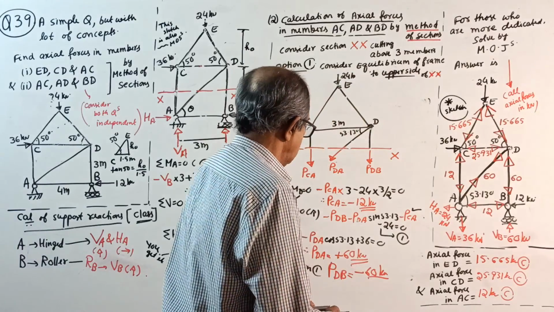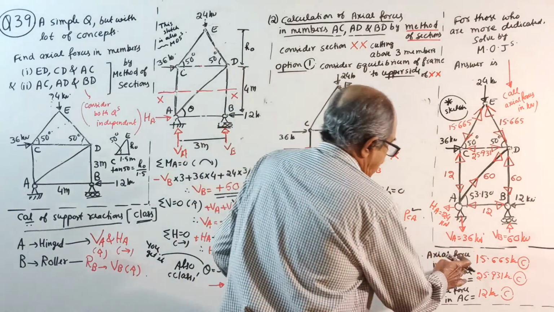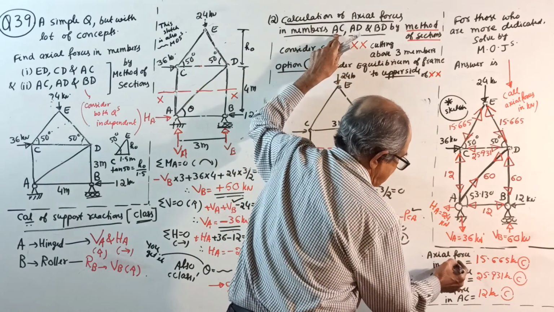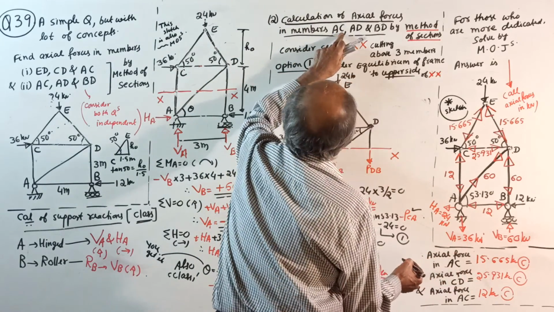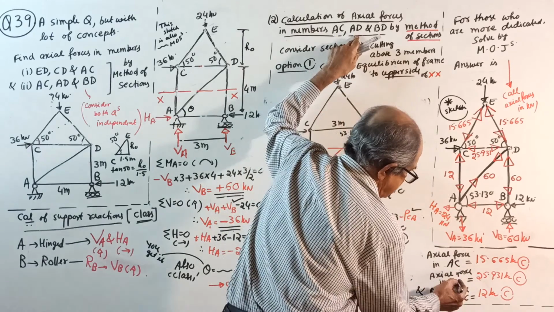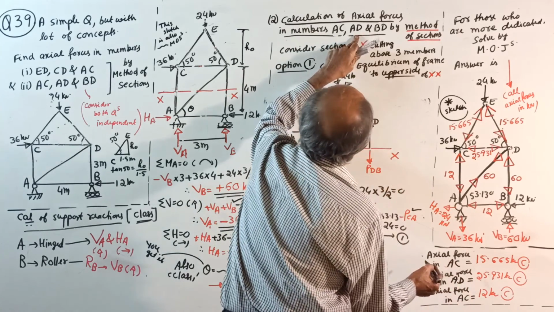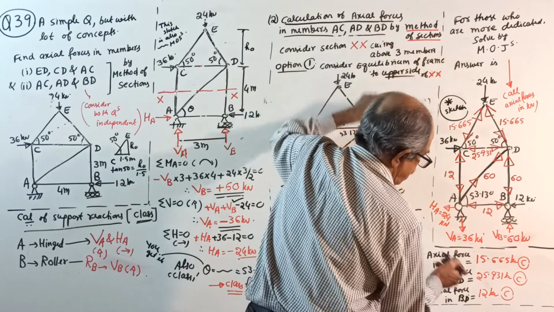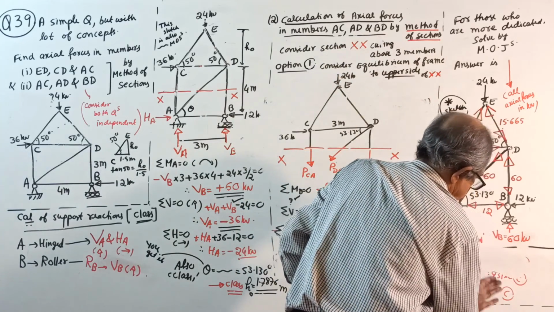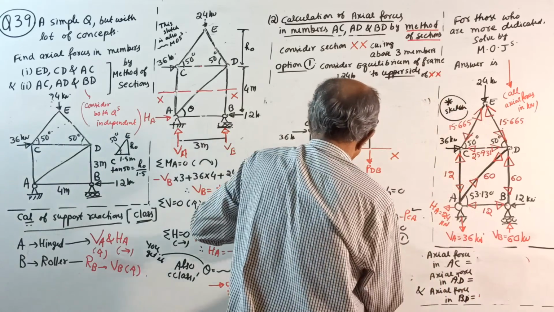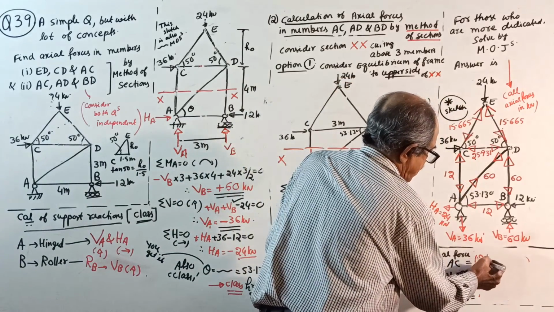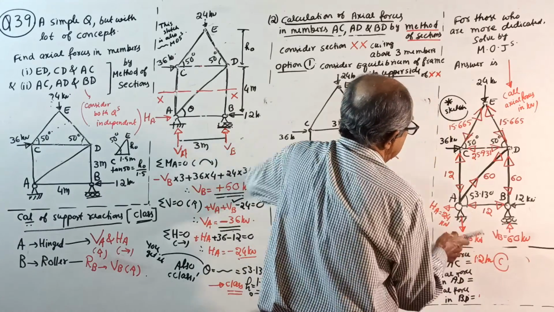Okay, write the answer now. Therefore, axial force in which member? In the order, AC, AD and BD. Axial force in AC, CA, minus 12, so 12 kilonewton compression.